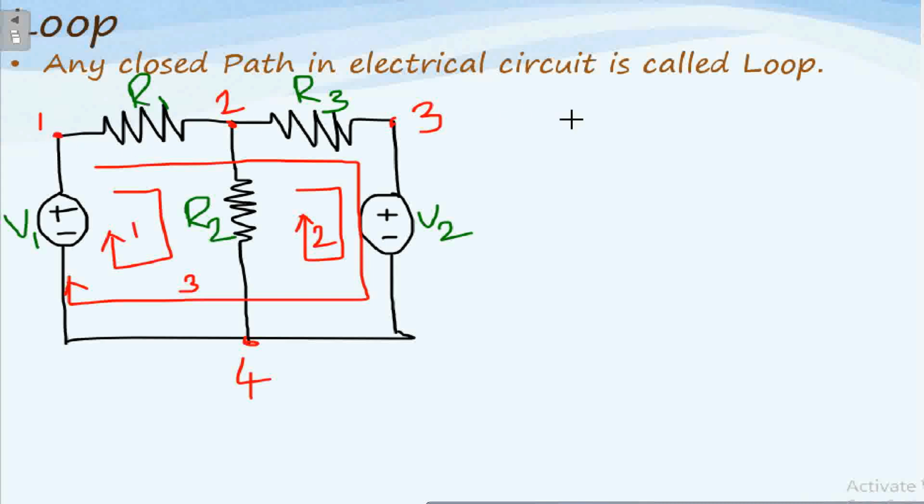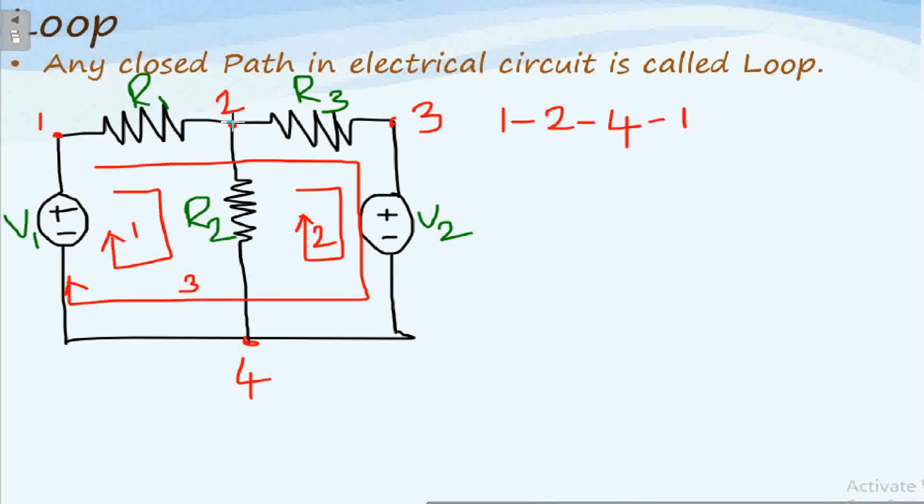This loop 1 is starting from node 1, moving towards node 2, and again moving towards node 4, and it is reaching 1. This is loop 1. It is moving like 1, 2, 4 and 1.